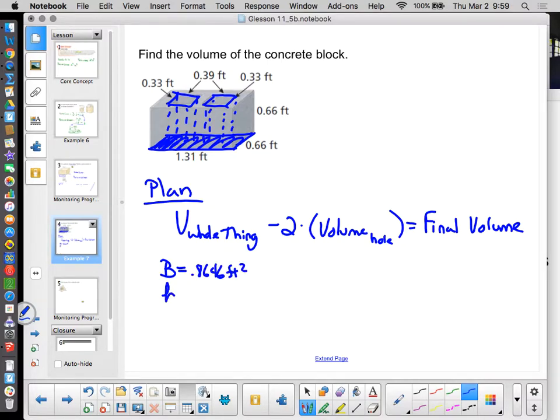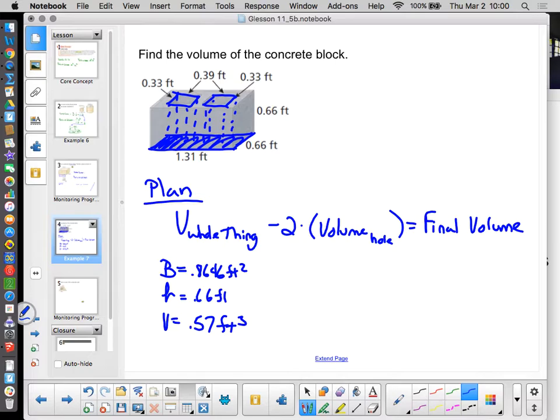My height then is 0.66. So my volume is simply base area times height, which is 0.5706, or 0.57 cubic feet. That's the volume of the entire block as if it were a solid block.